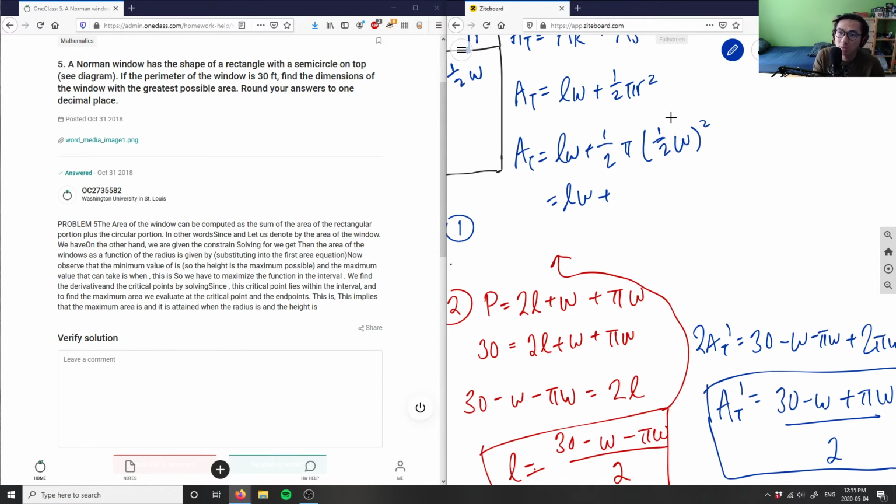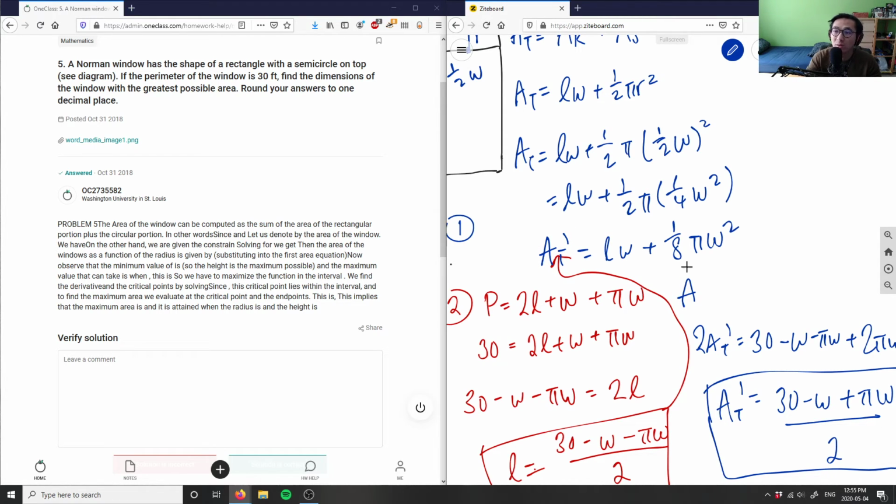Yeah, okay, that's good. Half w times half is 1/4 w squared, right? Then I multiply in, so half times 1/4 is simply 1/8 of pi w squared. This would be my new A(w).